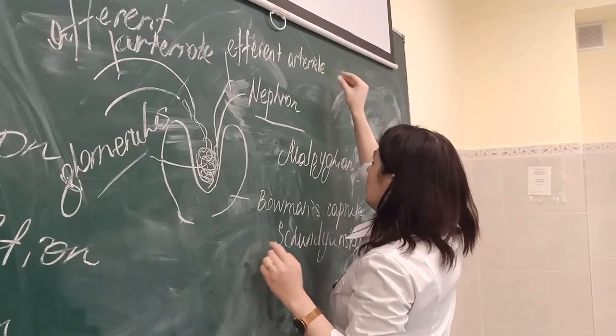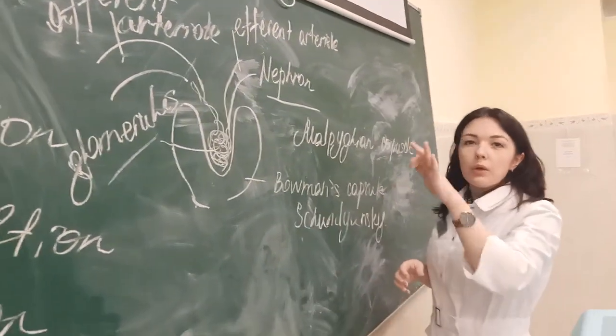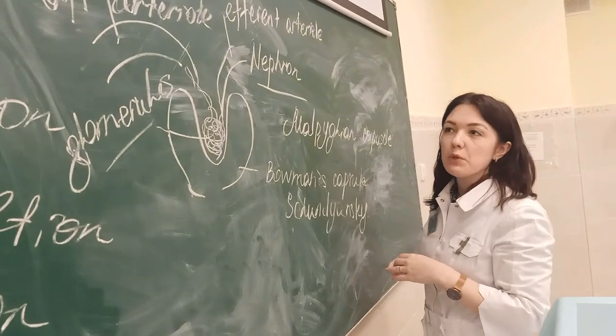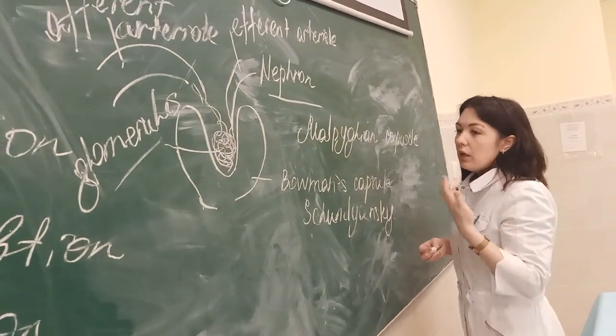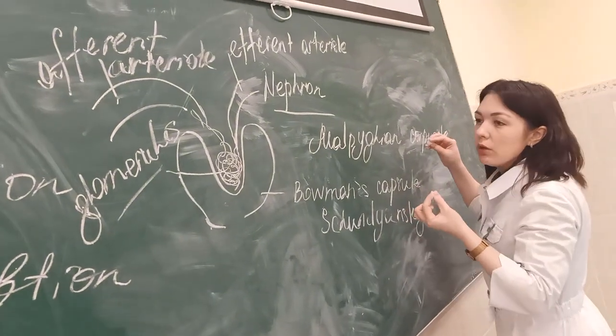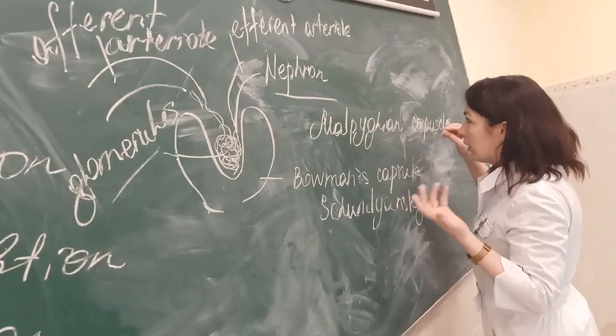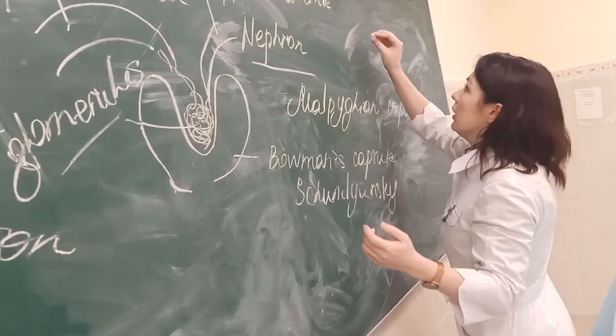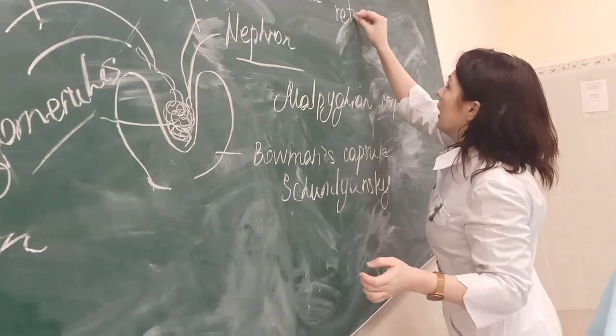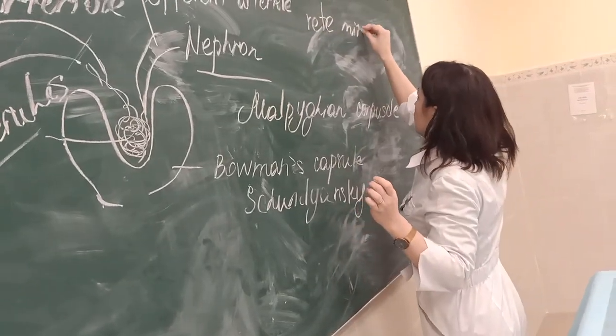Such a specific feature of the kidney is known as the miraculous network of the kidney. Miraculous, like miracle. In Latin it is rete mirabile.